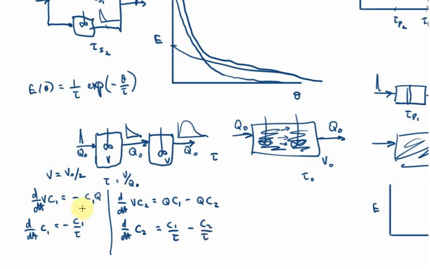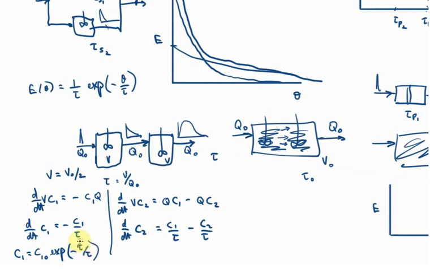But C1 is a known, we have a solution to C1. This is a simple homogeneous first order ODE, which has the solution C1 is C1 initial exp of minus t over tau. If we let theta be t over tau, or rather, let's leave the t in because we're going to use that here.